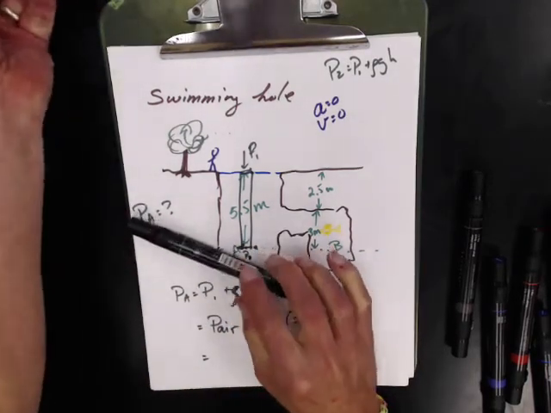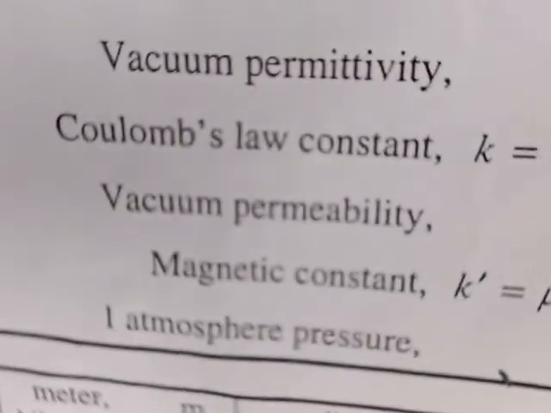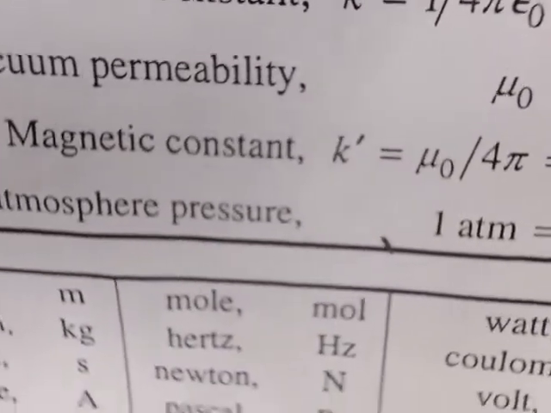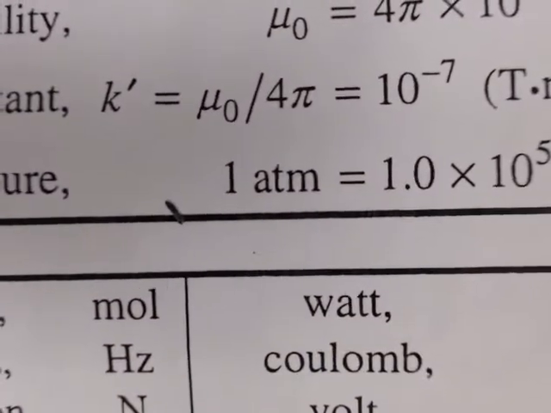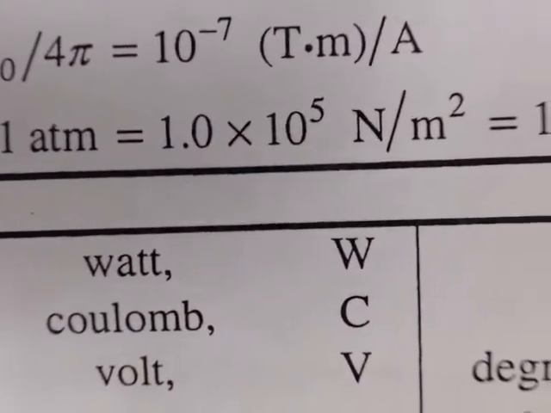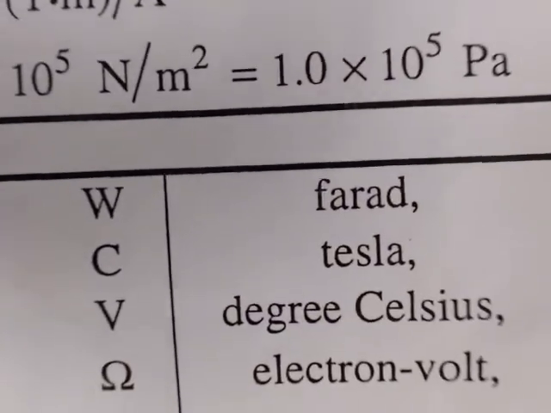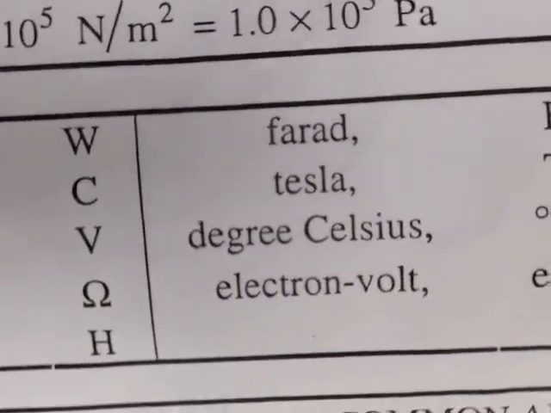Well, that's what this handy sheet is for. If we look real close, there's 1 atmospheric pressure. 1 atmosphere of pressure equals 1.0 times 10 to the 5th newtons per square meter, 1.0 times 10 to the 5th pascals.